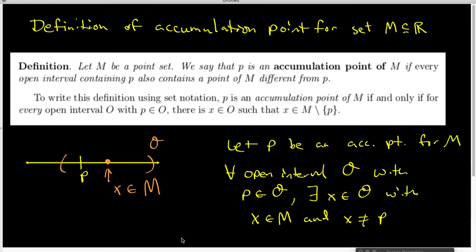And now I want to notice that I can stick another open interval. I can make a smaller open interval. Here's a smaller open interval. Let's call this one O prime.